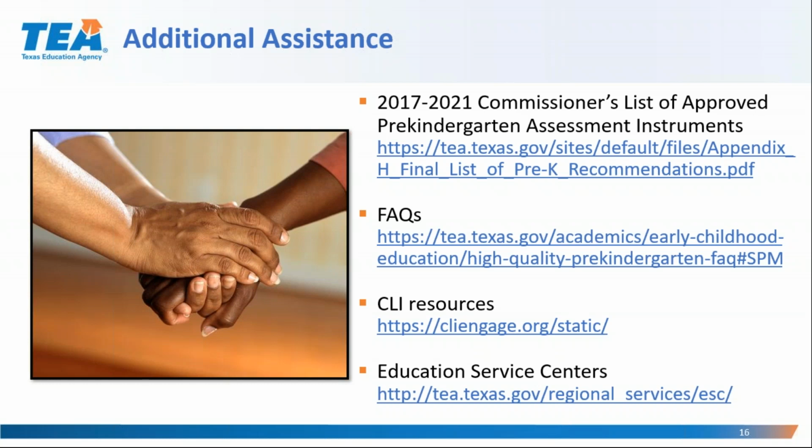They have a myriad of resources that not only are curriculum related, but also student progress monitoring related, how to use the data, et cetera, et cetera. So you will definitely want to visit their website. And then last but not least is a link to the Education Service Centers, and they also are always willing to assist you.